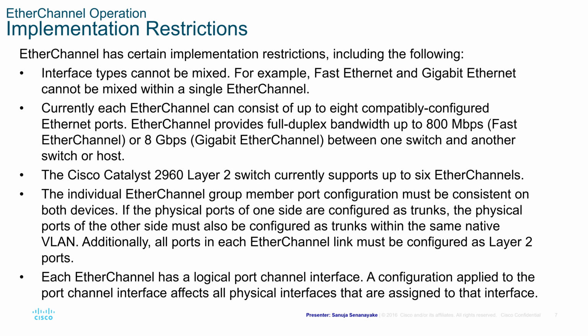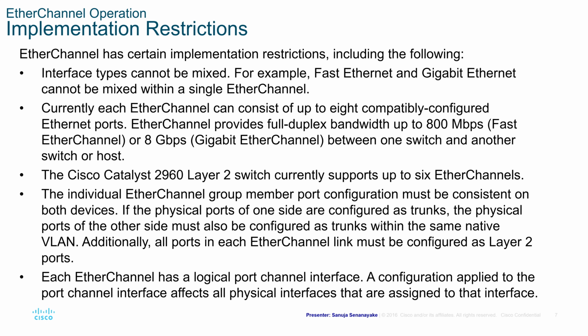So the individual EtherChannel group member port configuration must be consistent. Otherwise, it will not be able to communicate. So you need to make sure the physical ports of one side are configured as trunk. If it is configured as trunk, the other side should also be configured as trunk within the same native VLAN.